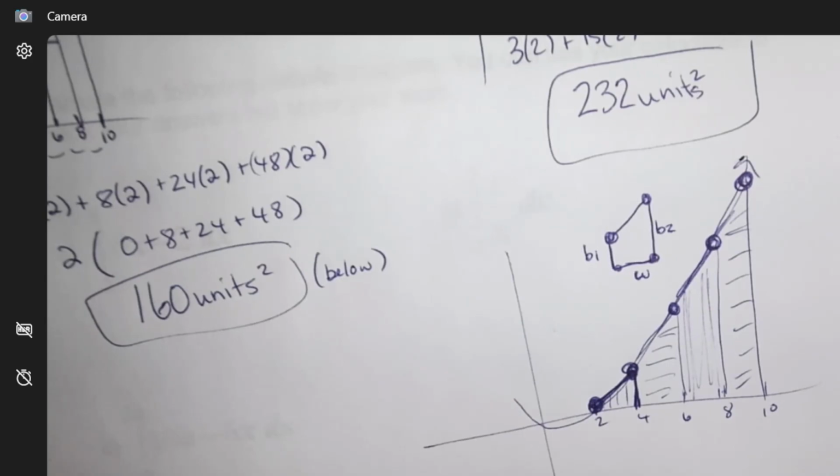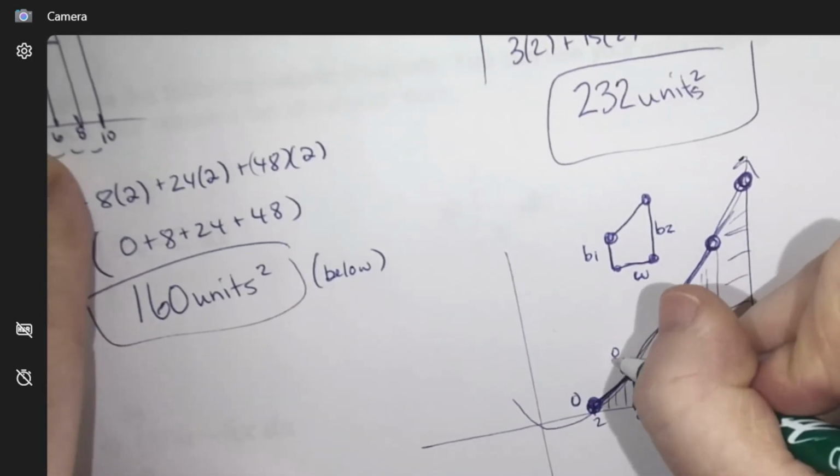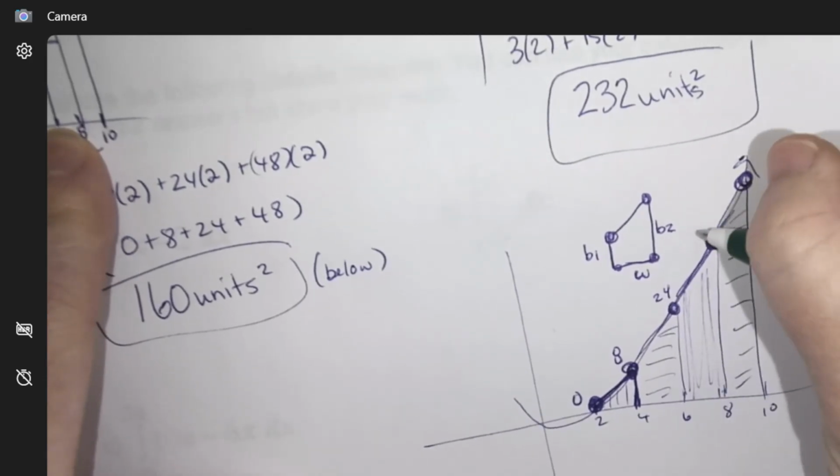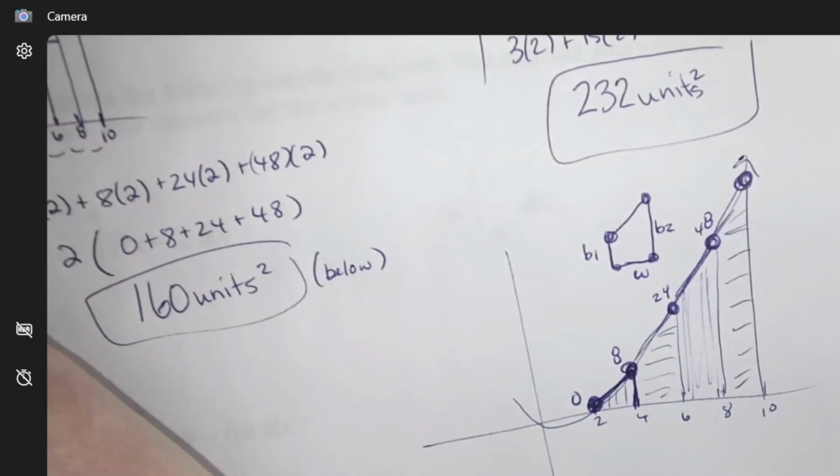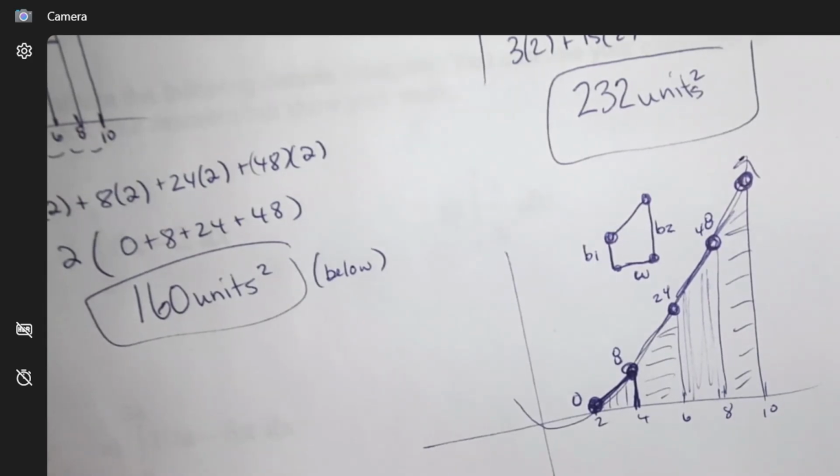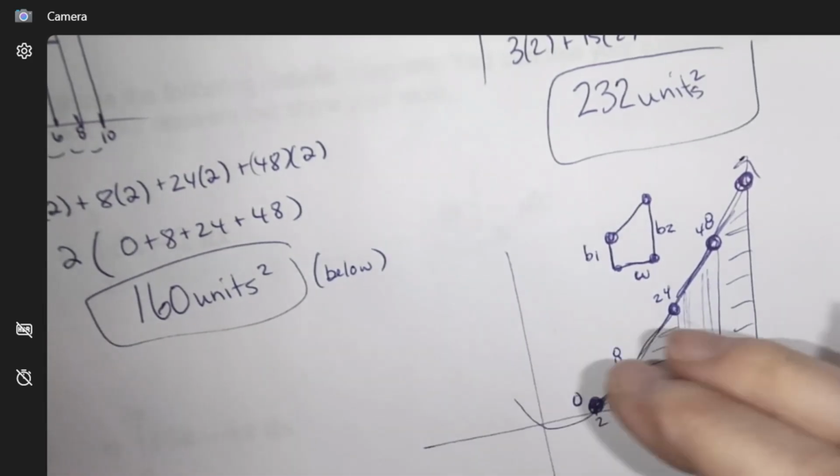Okay, don't we have all these values from the first one except for 10? So we had a 0, we had the 8, 24, 48, and 80, right?